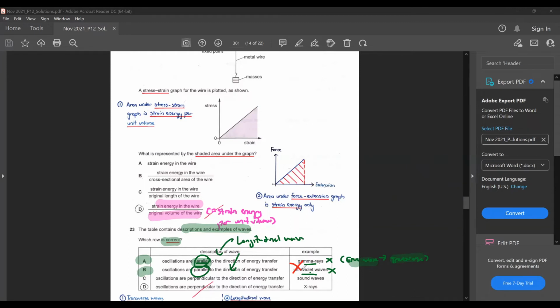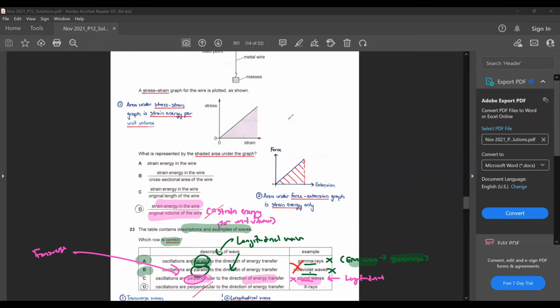Then after that, if you look at C and E, oscillations are perpendicular to the direction of energy transfer. And then they say this one is sound waves. If it's perpendicular to the direction of energy transfer, this one is actually a transverse wave. But sound wave in itself is actually a longitudinal wave. So this one is out also.